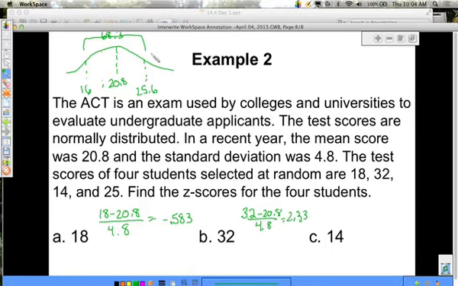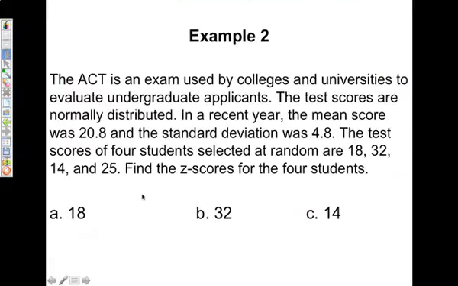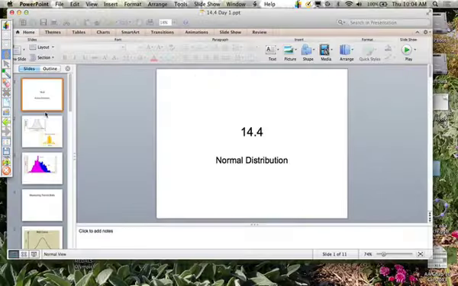She's quite a few standard deviations above, not quite to the third. And the last one, 14 minus 20.8 divided by 4.8. So she's below, negative 1.42 standard deviations below the mean.